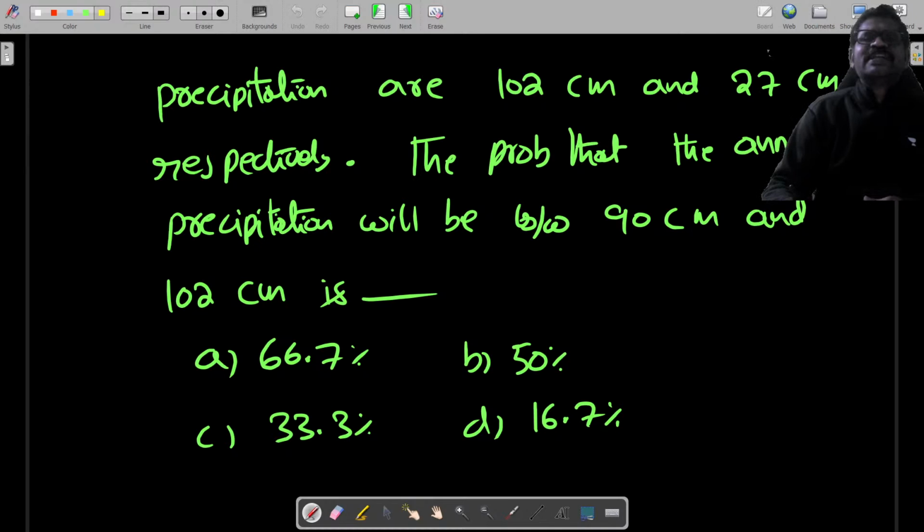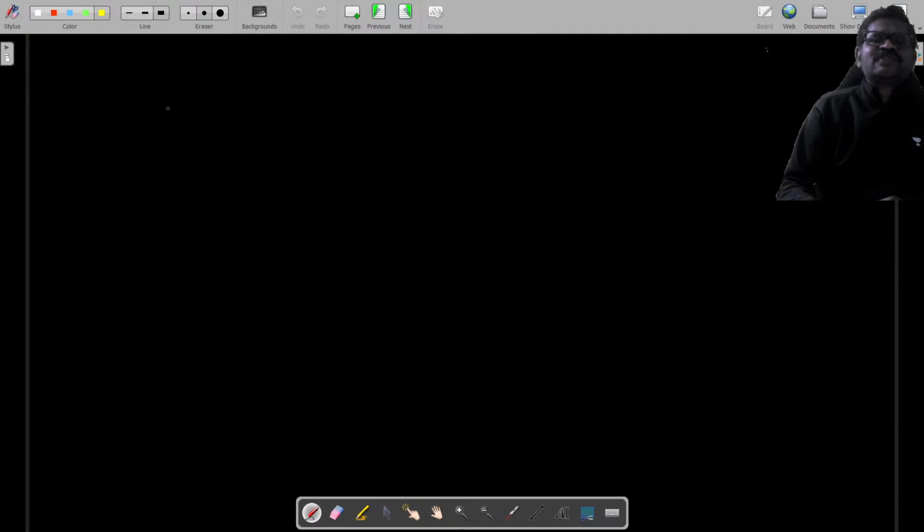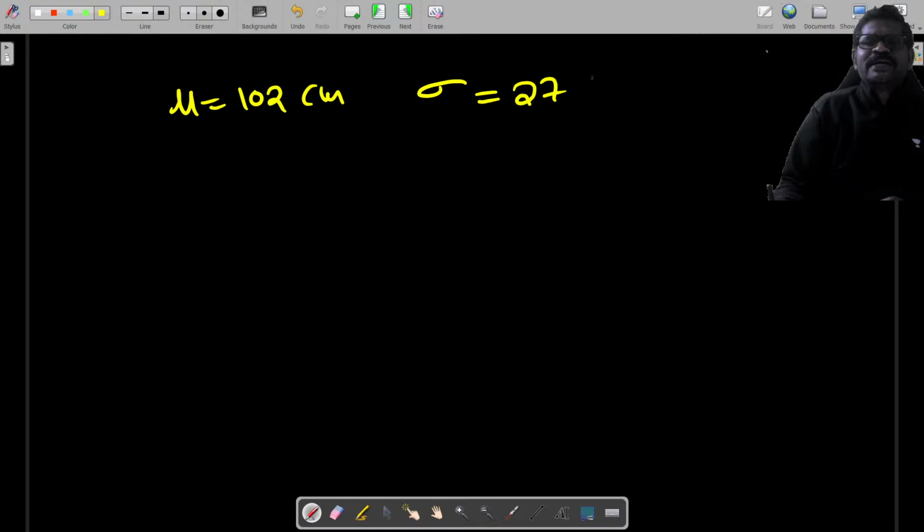Therefore x follows a normal distribution with mean 102 centimeters and standard deviation sigma 27 centimeters.